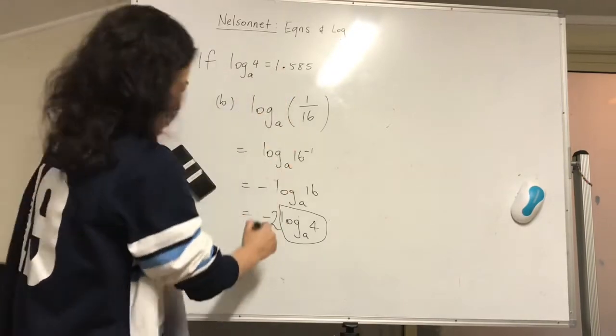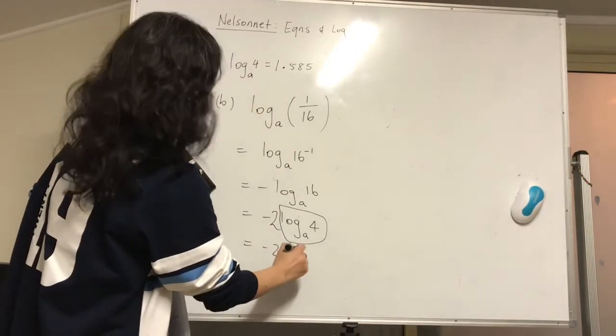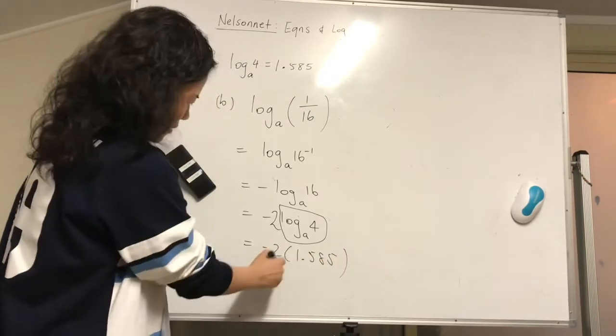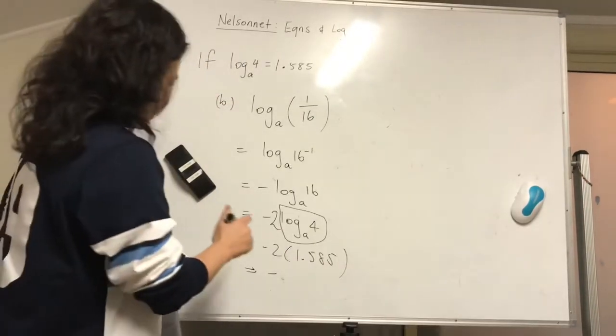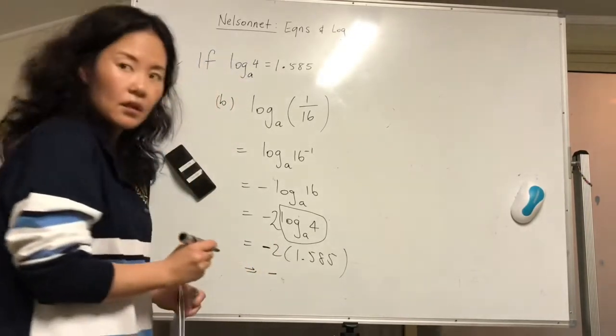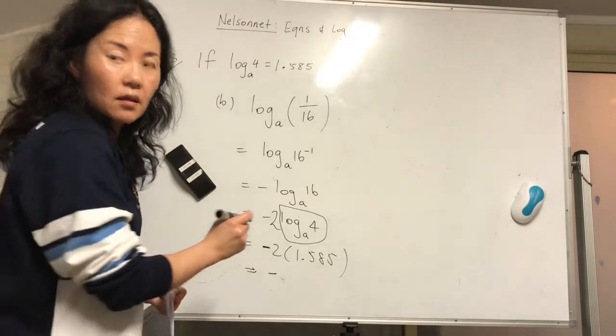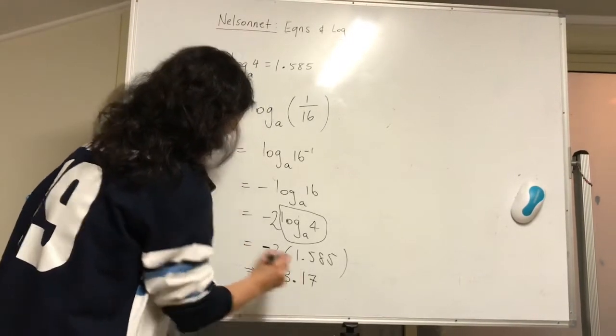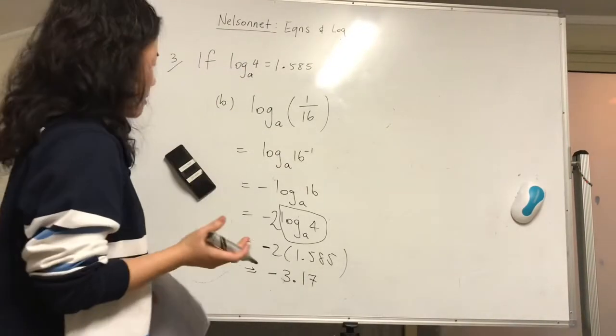Then it becomes minus 2 times 1.585, which is double of, calculate it, what is it? Don't forget the negative. It's negative 3.17. Yes. Okay. Excellent. So we're alright with that?